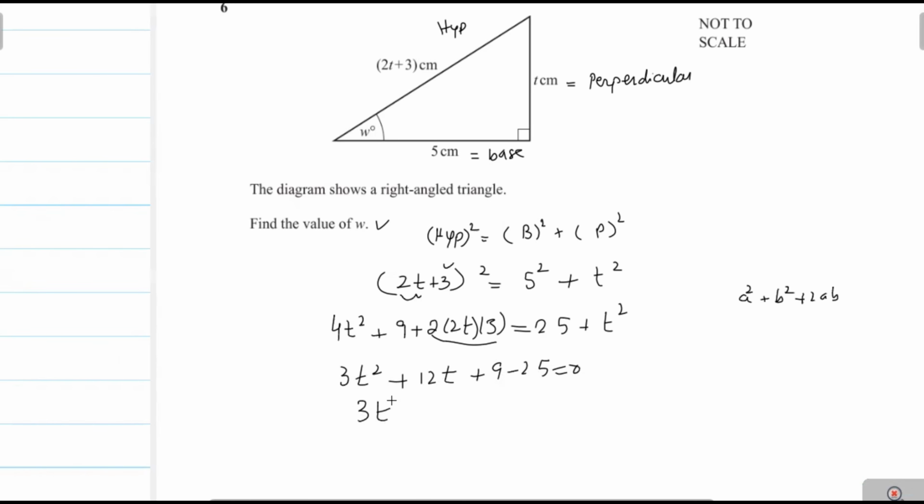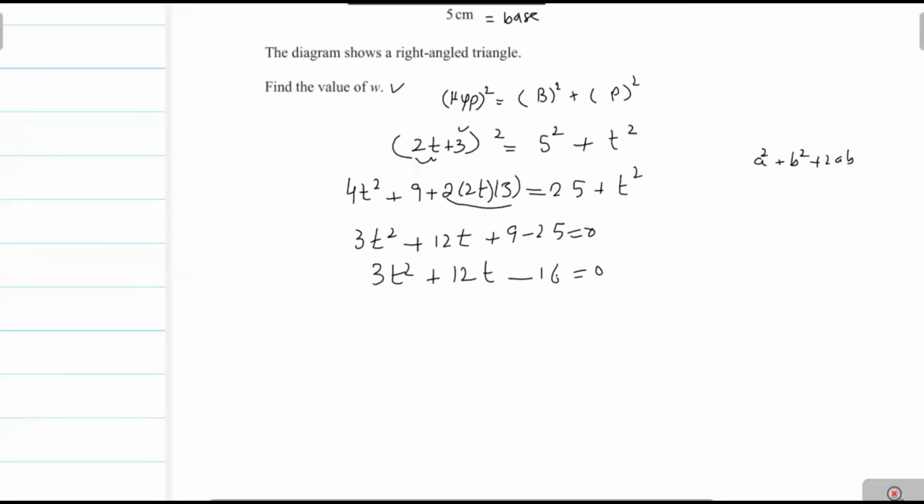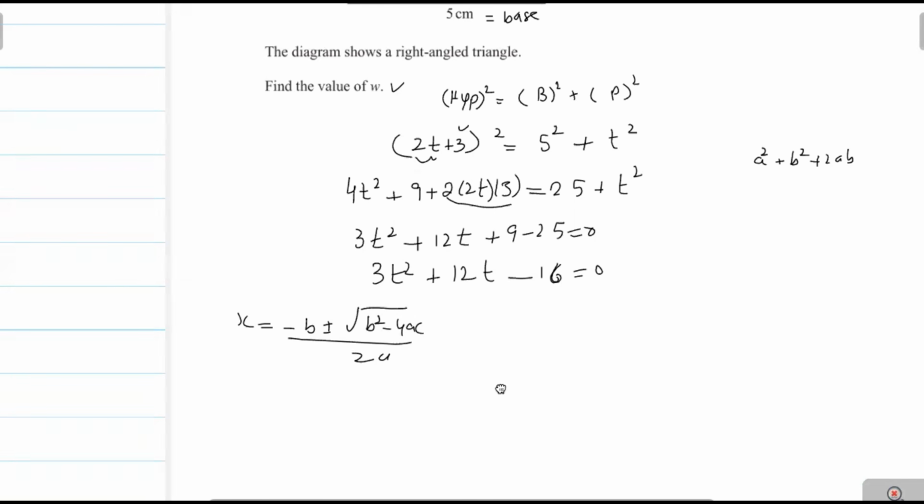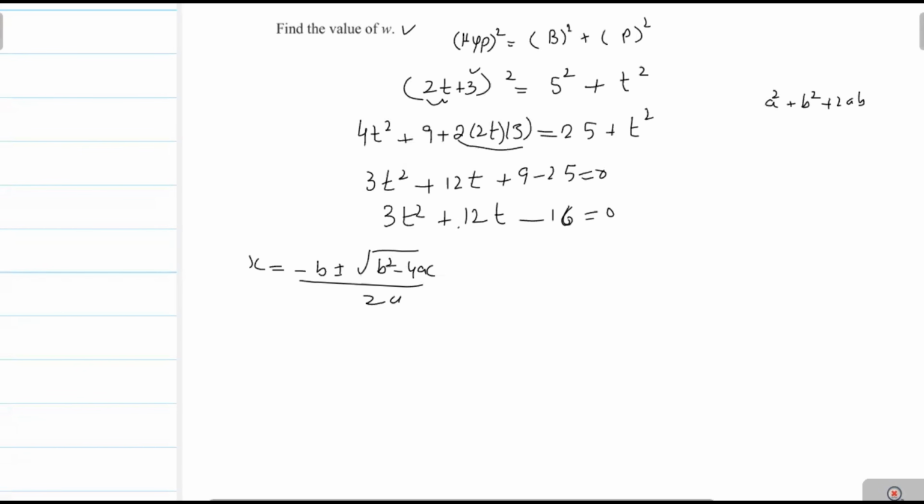We can write 3t square plus 12t minus 16 equal to 0, by using the quadratic formula. Now the quadratic formula is x equal to minus b plus minus square root of b square minus 4ac over 2a. Now here b is the coefficient of t, and we write t will be equal to, b is 12.